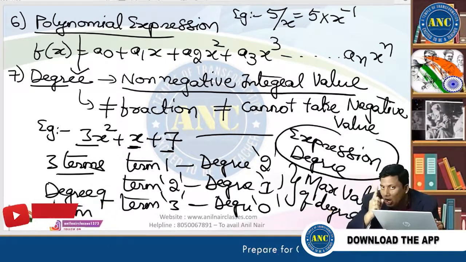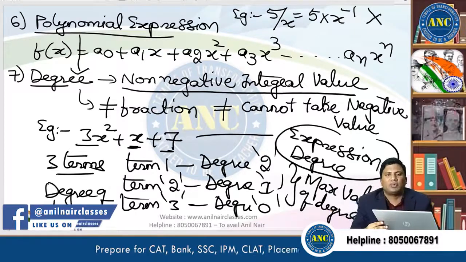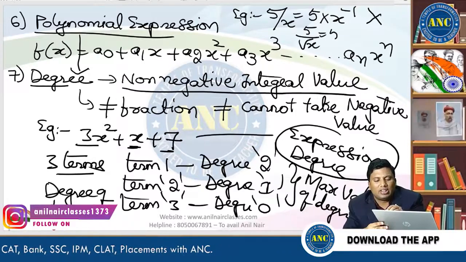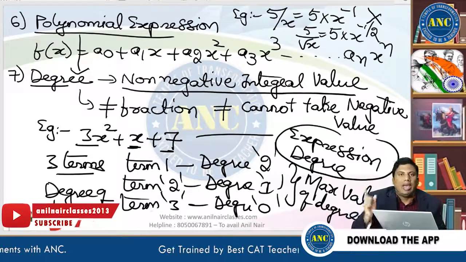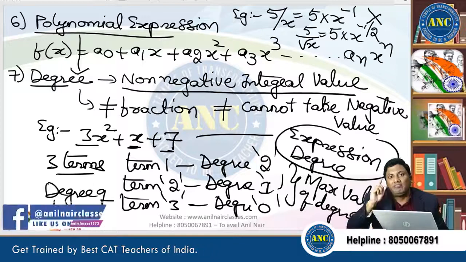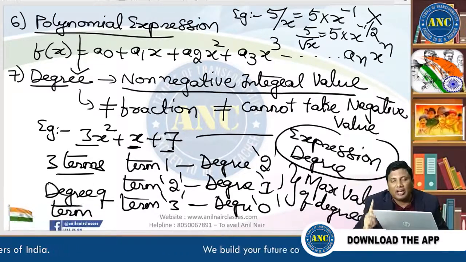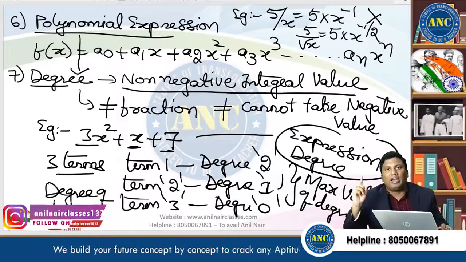A degree cannot be negative for a polynomial, so it is not a polynomial expression. 5 by root x is nothing but 5 into x power minus 1 by 2. A power cannot be negative, and cannot be a fraction. If the power of a variable is negative or a fraction, then the expression is called a non-polynomial expression.